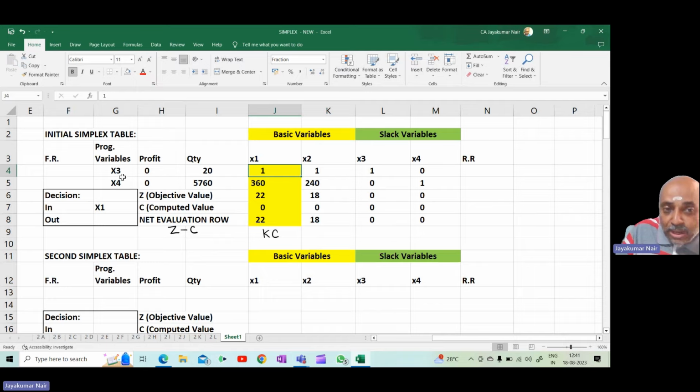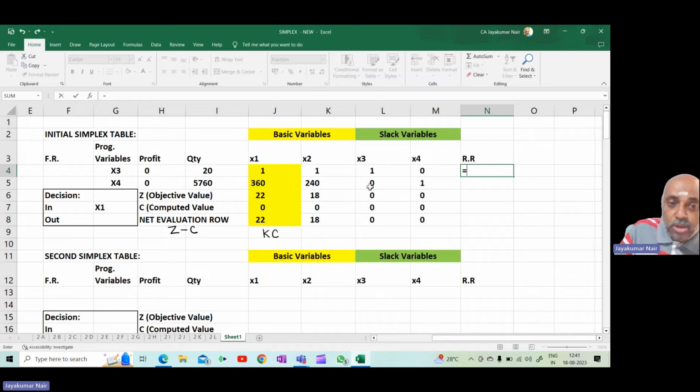And which one should go out? There are two variables, x3 and x4. So should you stop producing x3 or should you stop producing x4? How do you determine that? You have to find out RR. How do you find RR? RR is equal to quantity divided by the key column element.